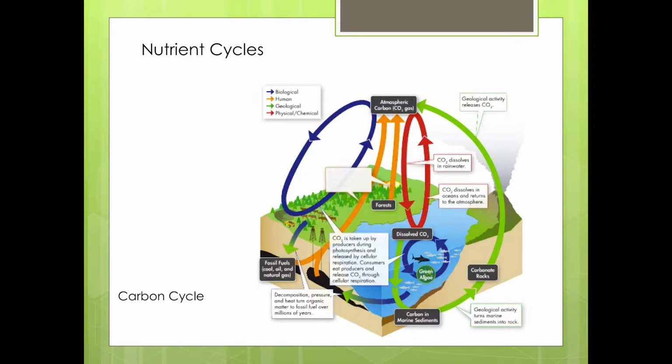When those substances are burned in a combustion reaction, like all combustion reactions, carbon dioxide is released into the atmosphere.